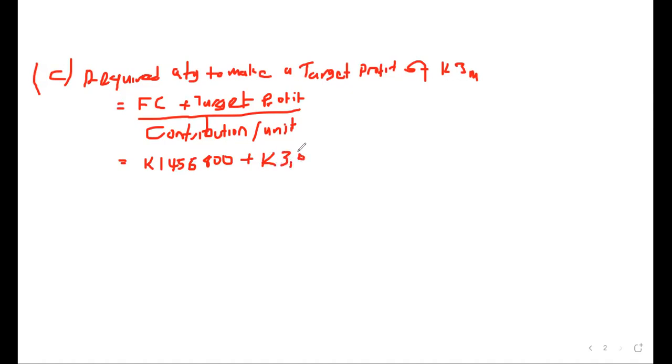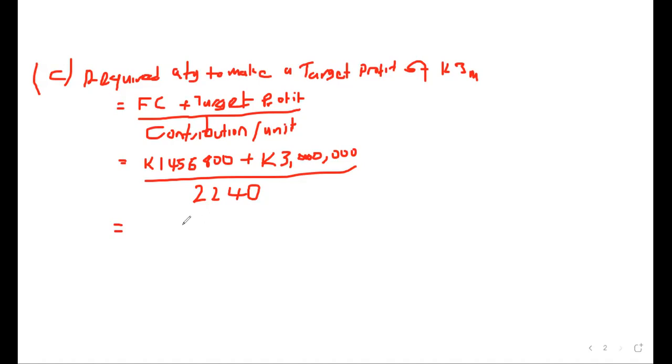So 3 million divided by the contribution per unit. We calculated the contribution per unit. Remember, it was 2240.